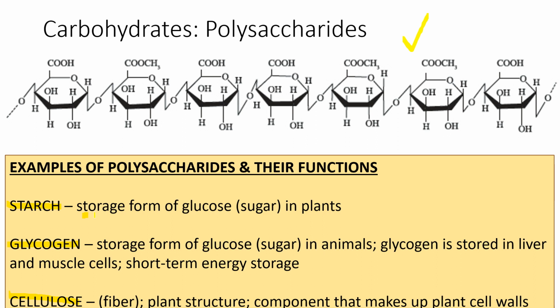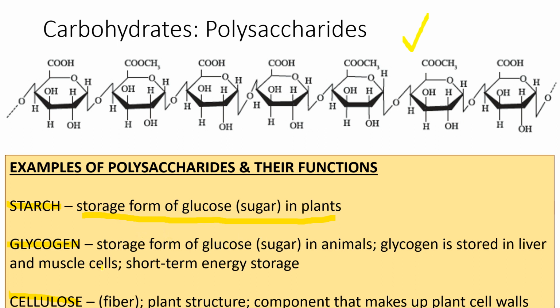The function of starch is the storage form of glucose in plants. Folks, that whole component is the answer. If you just say storage form of glucose, but you don't tell me in plants, you're not going to get full credit for that. So I need that whole sentence. And I put sugar in parentheses because I need you to know glucose is sugar, okay? That's not necessarily part of the answer, but that was why I did that.